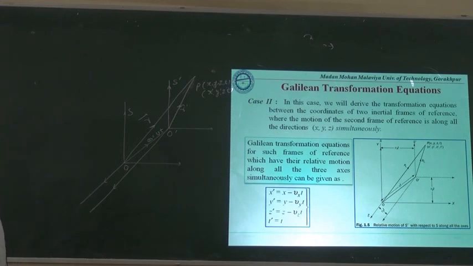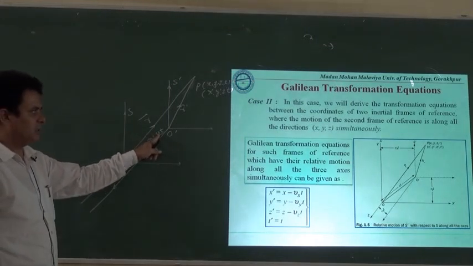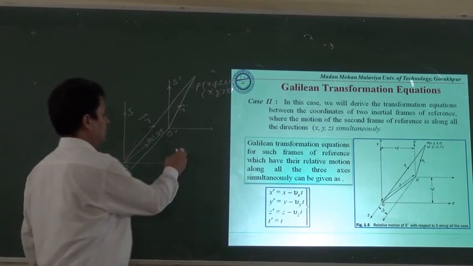And if we write the relation, here V is not only along the X axis, it is in all directions simultaneously.